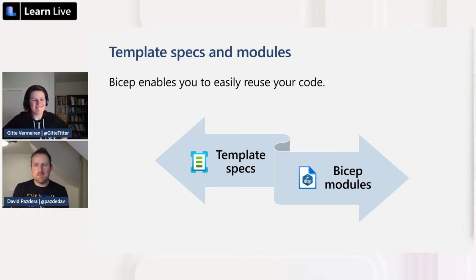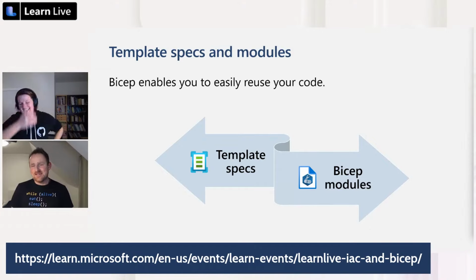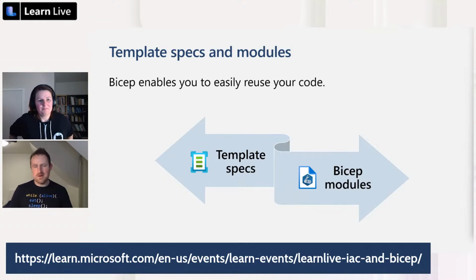If you remember linked ARM templates, they were a true pain. So a template spec is really just your template, but it's deployed directly in your Azure environment in a resource group, and you can just point to it from your deployment pipeline or from your CLI if you don't do it through a pipeline. So I think that's interesting to know.